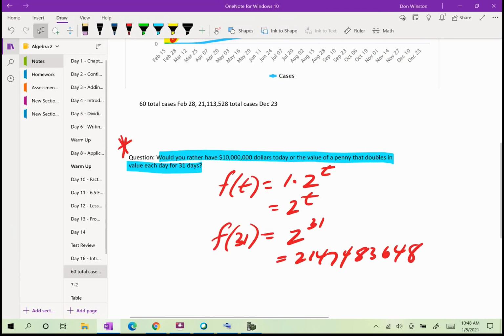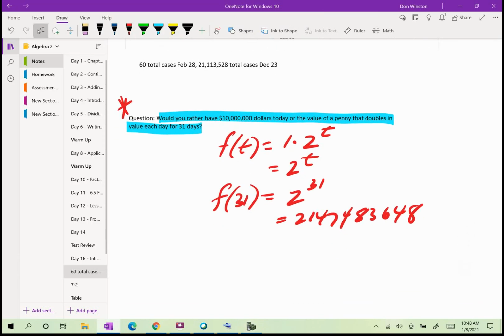Well, that's how many pennies you'd have by the 31st day. There's 100 pennies in a dollar, so you would have $21,474,836.48.